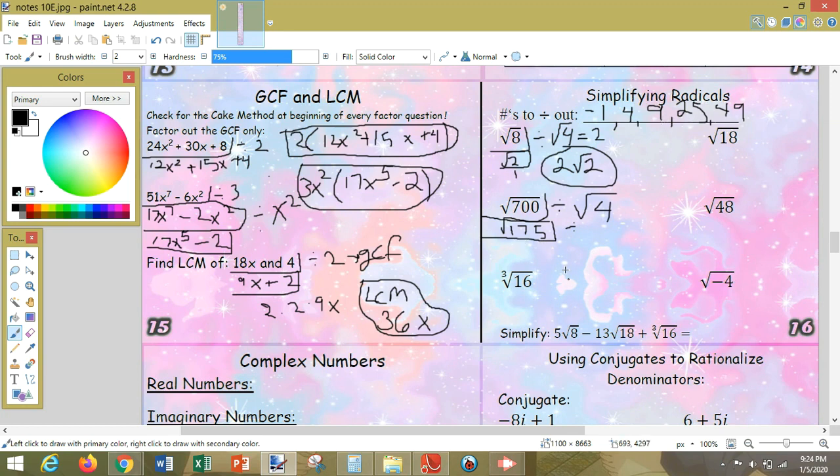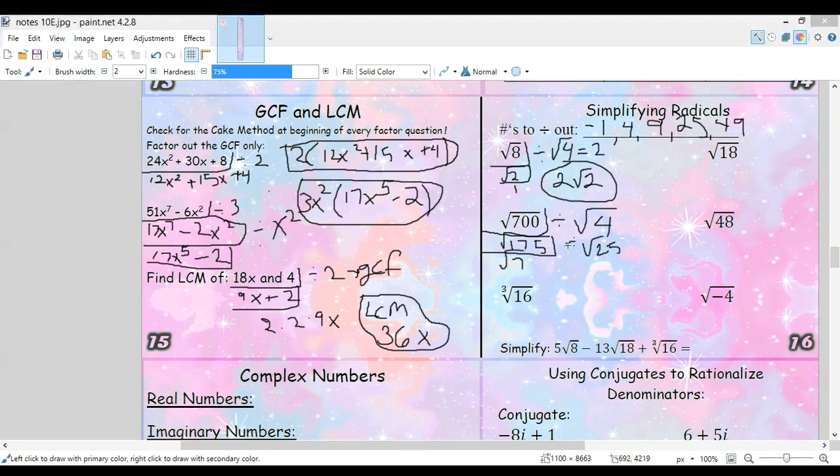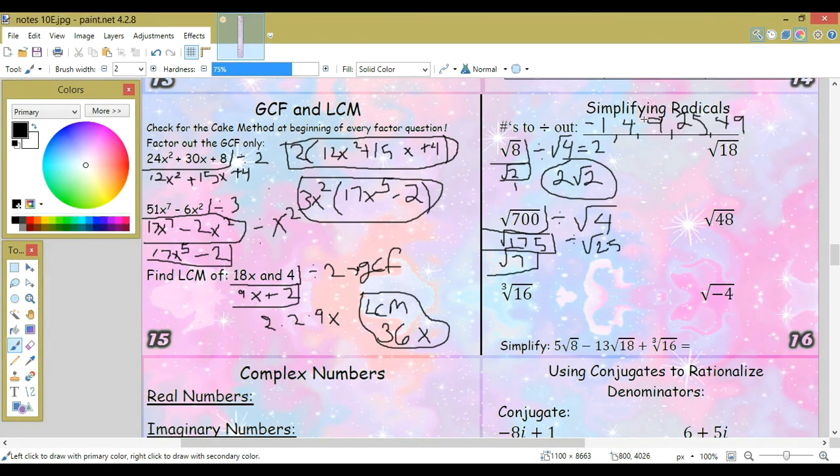No. 25. Yes. So 175 divided by 25 is 7. Can't take out a perfect square out of 7, so we're done with that. Square root of 4 is 2. Square root of 25 is 5. So our answer is going to be 2 times 5 times the square root of 7. 2 times 5 is 10. So our answer is 10 square root 7.